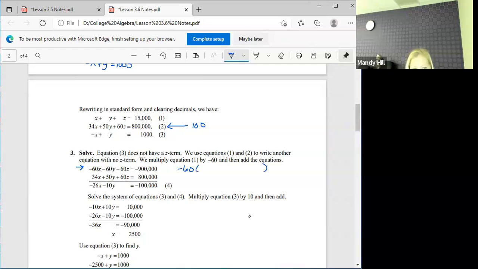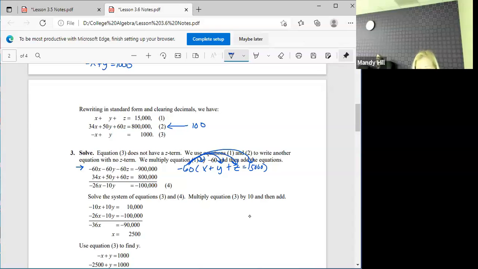It looks to me like they've taken equation 1, x plus y plus z equals 15,000, and they multiplied it by negative 60. Are y'all okay with that? So that's how they've come up with this negative 60, negative 60, negative 60.